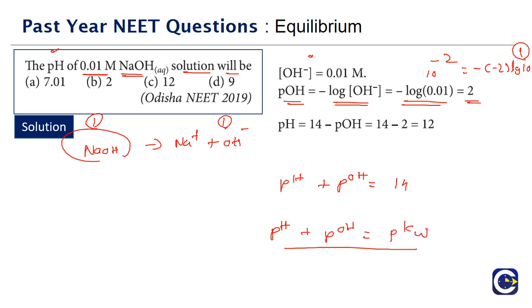KW is called the ionic product of water. At room temperature the value of KW for water is 10 to the power of minus 14. So here pH plus pOH is 14, which means pH is 14 minus pOH, which is 14 minus 2, equal to 12. So the correct answer for this is option C.